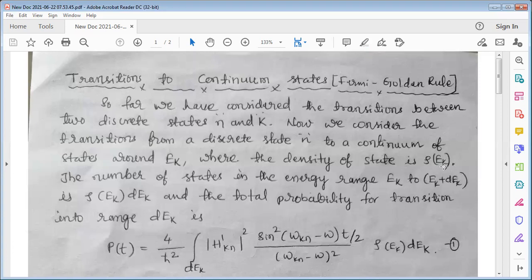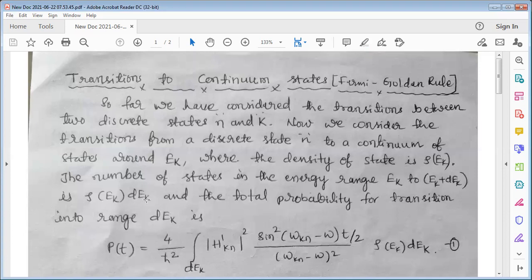Density of states means the number of states available per unit energy range. The number of states in the energy range Ek to Ek plus dEk is rho of Ek into dEk.